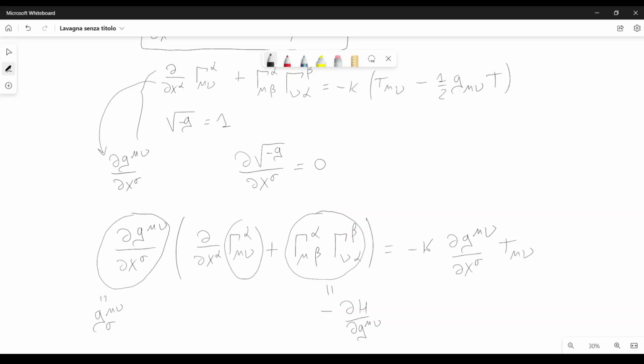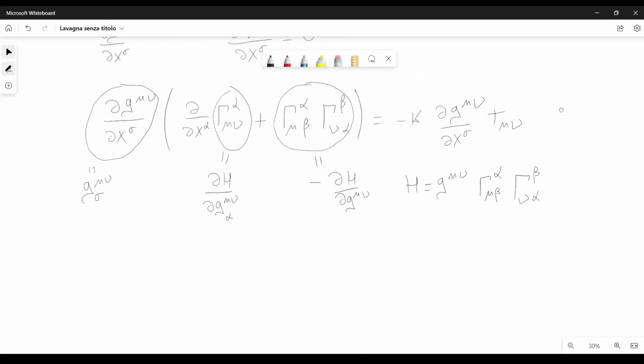Whereas this term here, gamma alpha mu nu, was equal to the derivative of the same function h with respect to g mu nu alpha. And remember that the function h was defined to be g mu nu gamma alpha mu beta times gamma beta nu alpha.